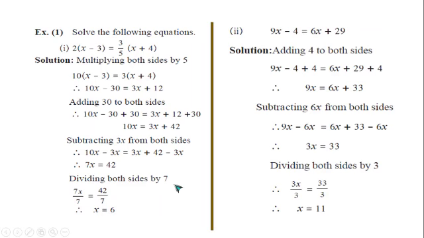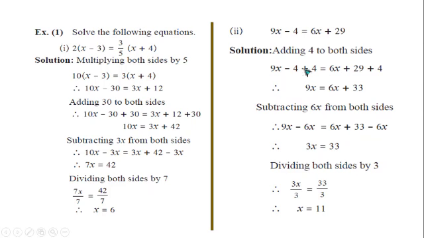The second sum, it says 9x minus 4 is equal to 6x plus 29. Once again, I don't require this minus 4 in the LHS. So I'll add 4 to both the sides. So my equation becomes 9x minus 4 plus 4 equal to 6x plus 29 plus 4.